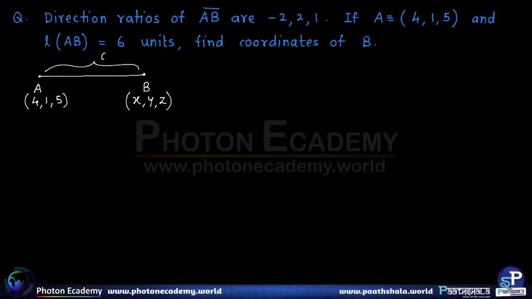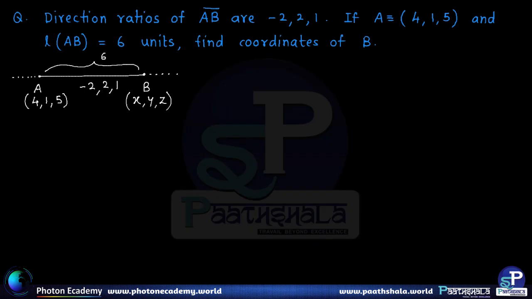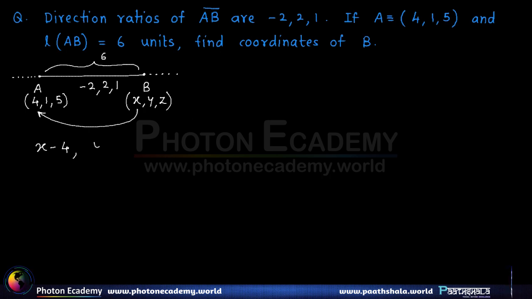The length is given to be 6 units and the direction ratios of this particular line, that means if you consider the line AB, the direction ratios are minus 2, 2 and 1. We have to find x, y and z. Of course, here there are 3 unknowns. We try to convert them in one unknown only because that would make the calculations easier. Now you see that we can write the expressions for direction ratios as x minus 4, y minus 1 and z minus 5, isn't it? But we are given the direction ratios to be minus 2, 2 and 1.